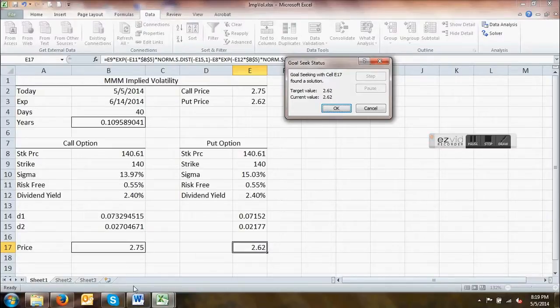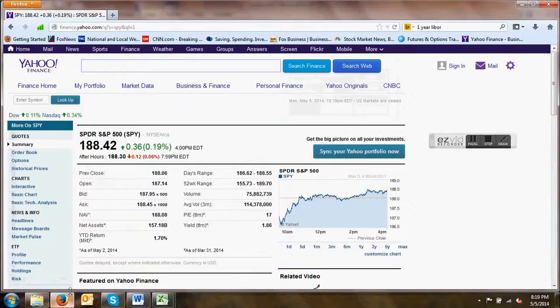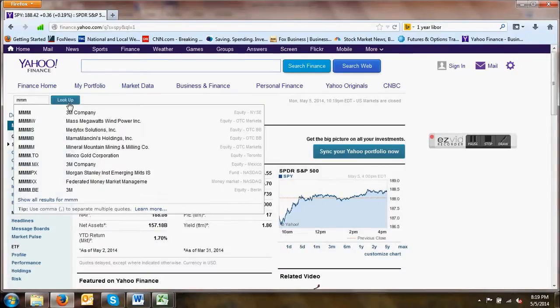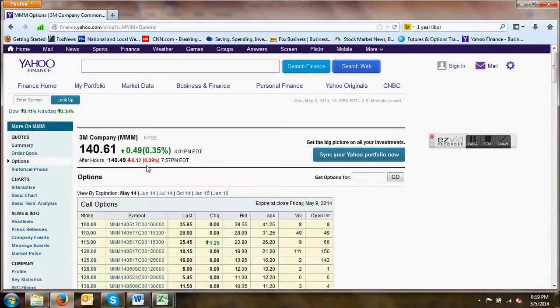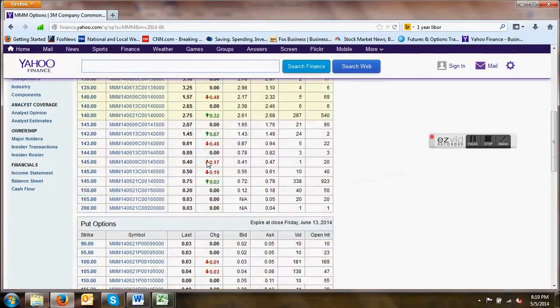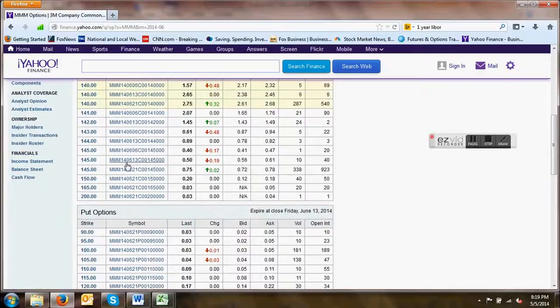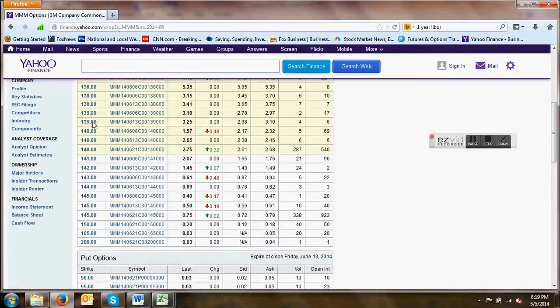Another way that is done often in markets is, again, we'll go back here to our 3M and our options, and we'll hit on June. And you'll see here for the 140 we had 287 calls trade today.